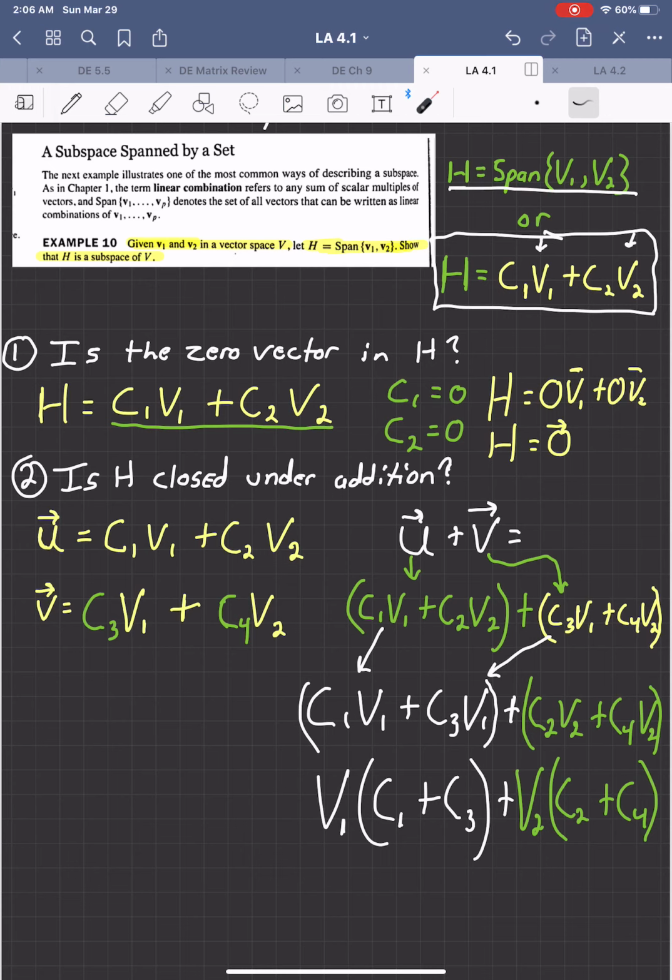H is the sum of every vector, v sub 1, v sub 2, for any scalar. Okay, so we do have closure under addition, the zero vector, and closure under scalar multiplication.